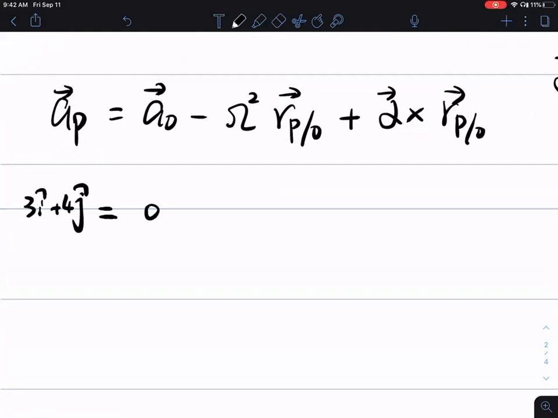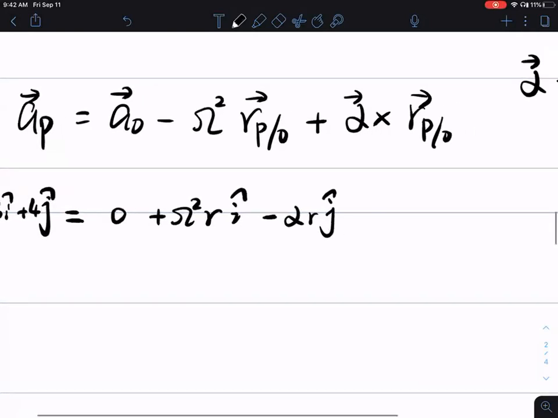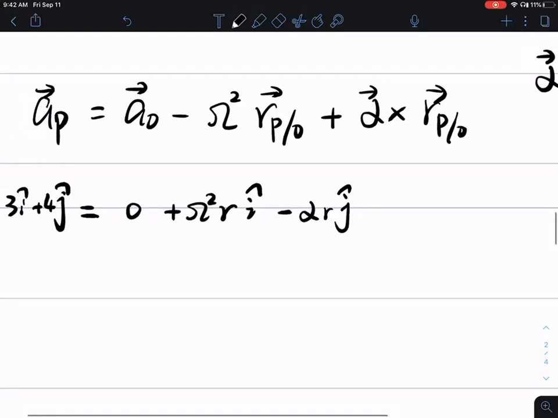And here we end up with plus omega square R on I direction minus alpha R on J. That's a cross product between alpha k cross RP/O.